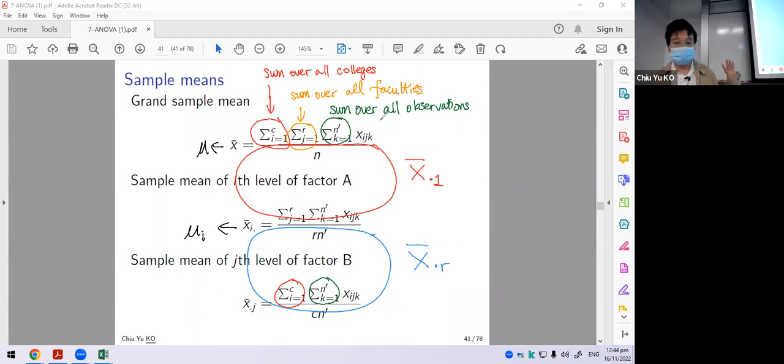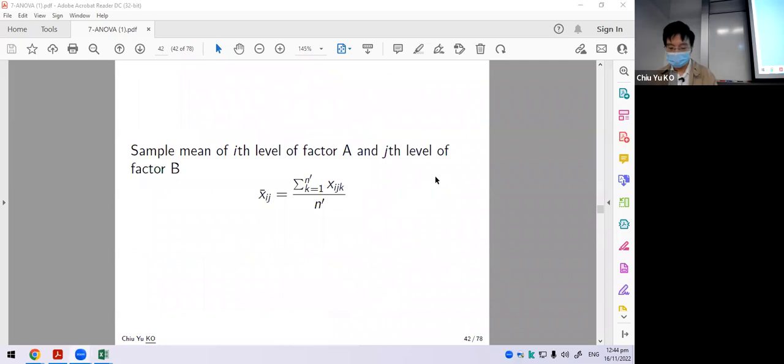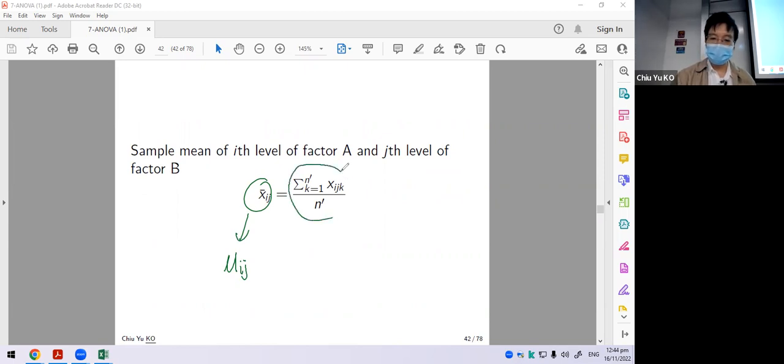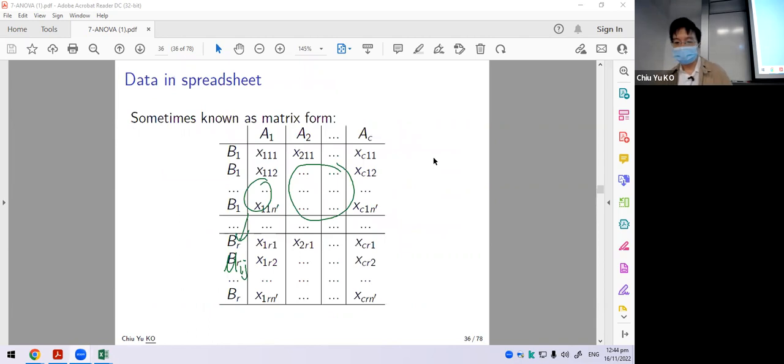If that's no problem, we go to the very last one. It's the x bar ij, and as you would expect, this is going to give you an estimate of mu ij. Given ij, I just add up everyone there and divide by n. So it's very simple. Look at the data here.